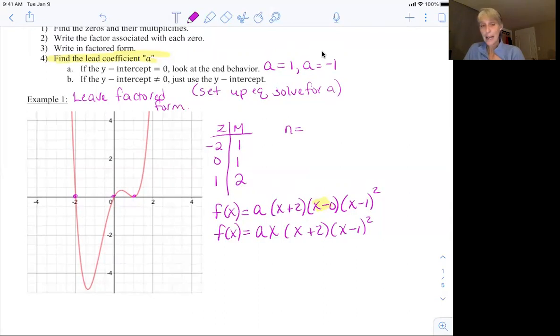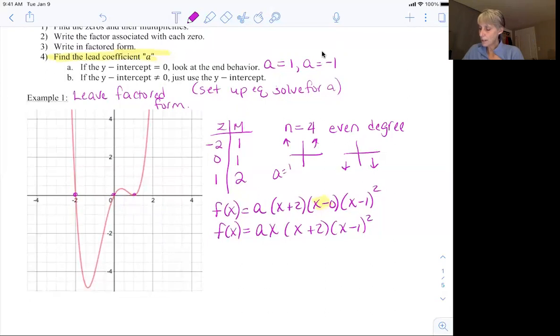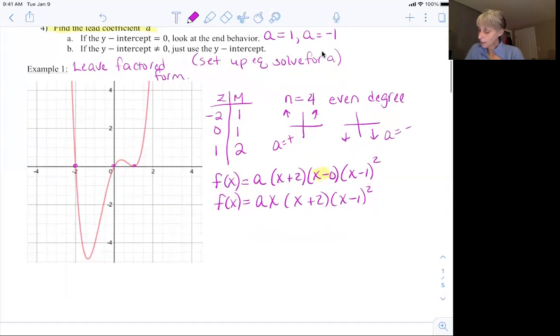And in this case, if I add up my multiplicities, I have an even degree. So if it's an even degree function, that means my graph can go up, up, or down, down, right? It's up, up if a is positive. It's down, down if a is negative. So in this case, my graph is not being reflected, so a is just 1.